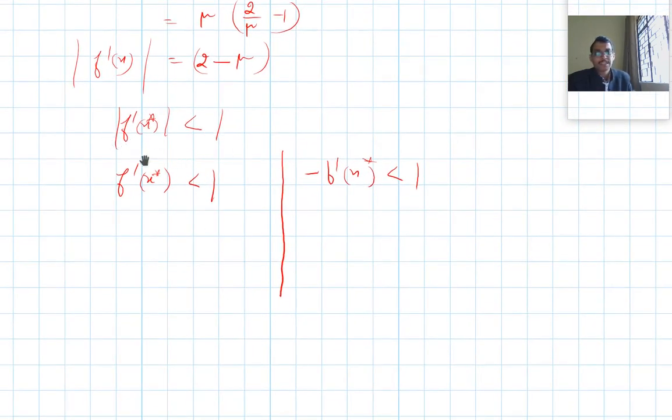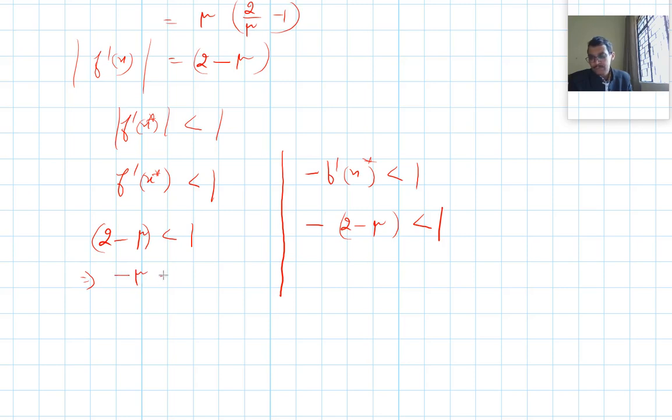Because if the mod is less than 1, then it means this one. So let us put their values. So it is 2 minus mu, it must be less than 1, and minus of 2 minus mu must be less than 1.